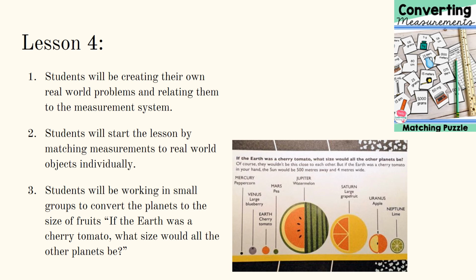That would be if students had a picture, they would convert it to the measurement, and then find the measurement that matched it. Then the students will be working in small groups to convert the planets to the size of fruit. If the Earth was a cherry tomato, what size would all the other planets be? And they would come up with the different fruits that they found.